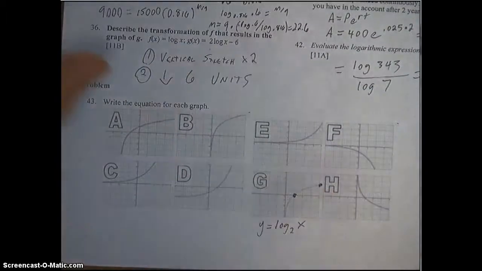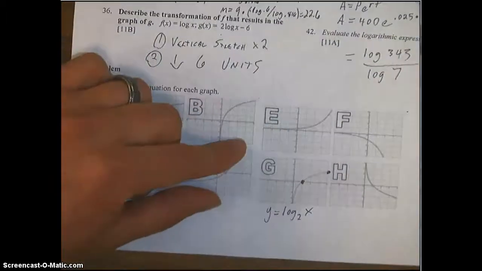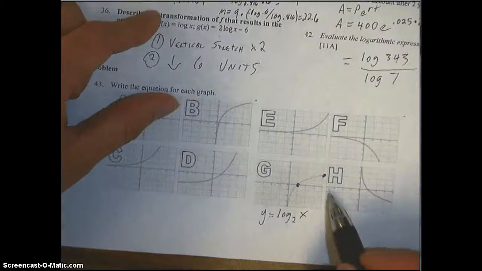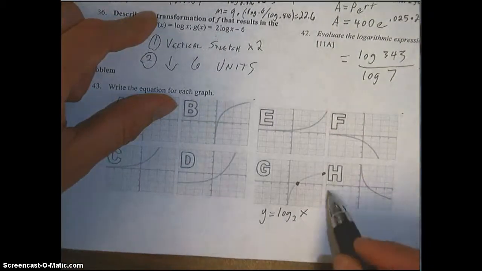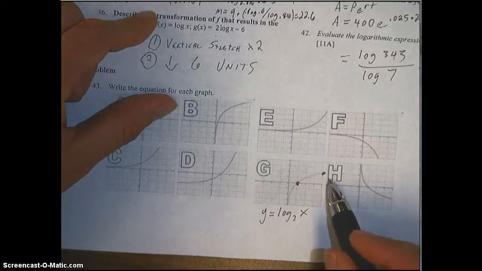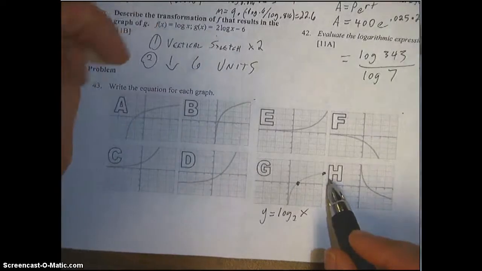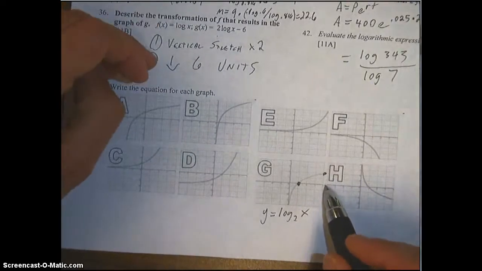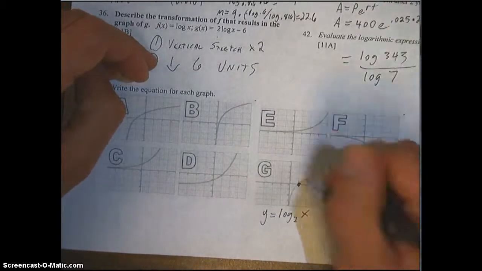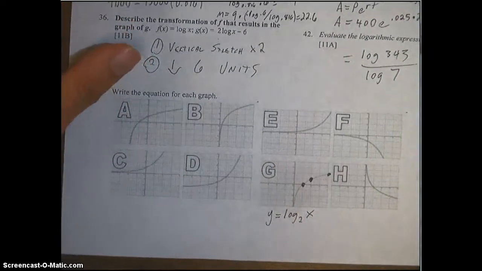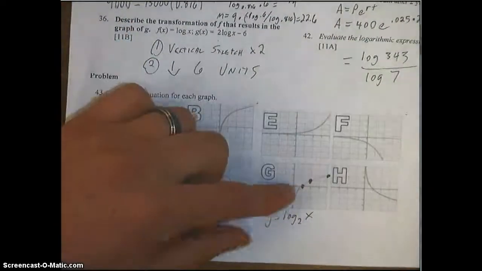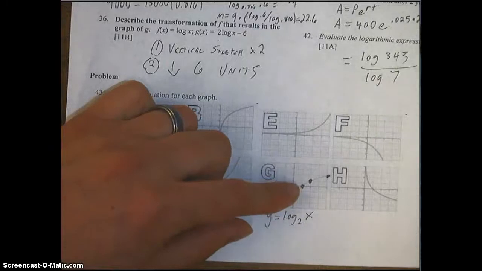I know that the logarithm passes at 1, 0, and that the next point is always whatever the base is. So this is at 4, 2. It's also at 2, 1. That's the one I was looking for. Log base 2 has its first point that we can write as 1, 0, and then the next one is 2, 1.